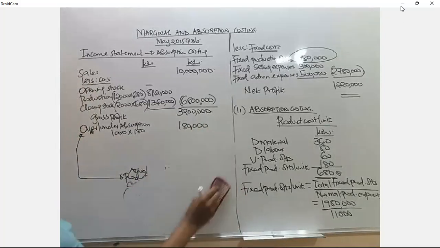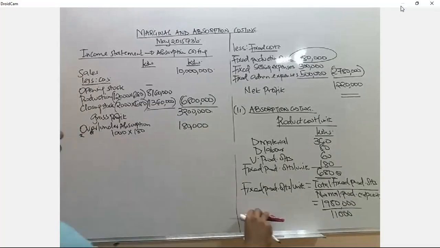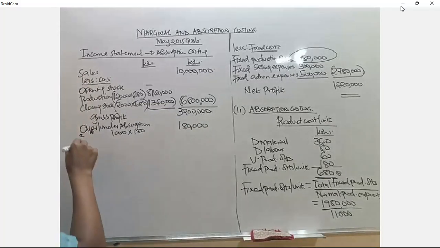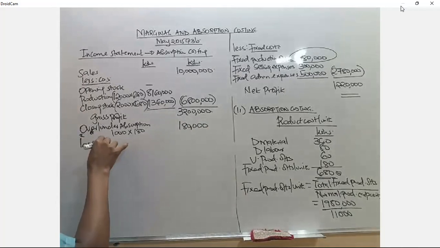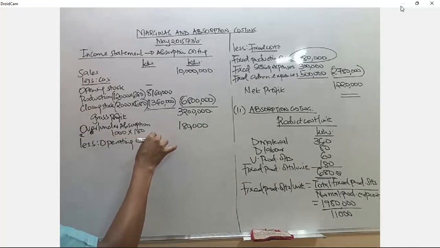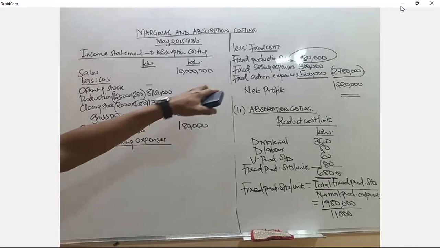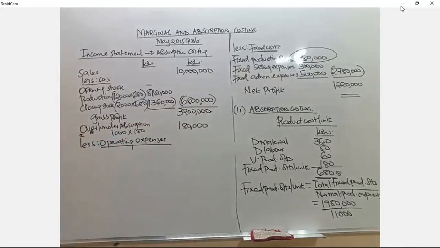Once you get that, you are now going to be subtracting the operating expenses. Less operating expenses. And you're not going to be factoring the fixed production. No. We are going to be starting with the variable selling costs.